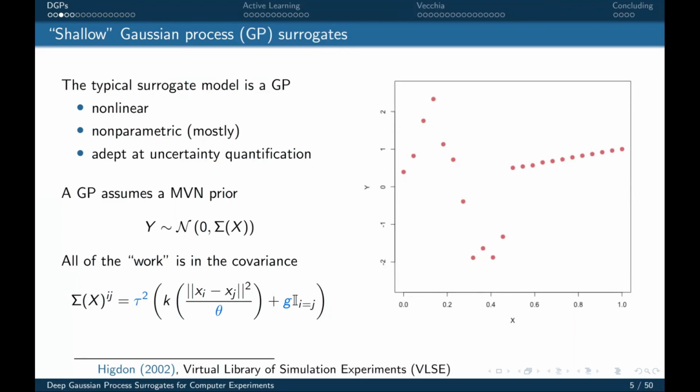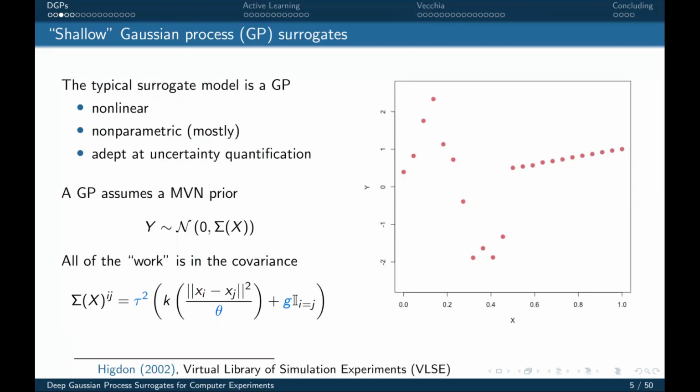And here, if my function k, this is called a kernel function, if my function k is decreasing in its argument, often we choose exponentially decreasing, then I've got a covariance structure here that says I'm more correlated if I'm nearby and less correlated if I'm far away. So my outputs y are more correlated if their inputs are close together and less correlated if their inputs are far away. So this is kind of a conventional Gaussian process setup.